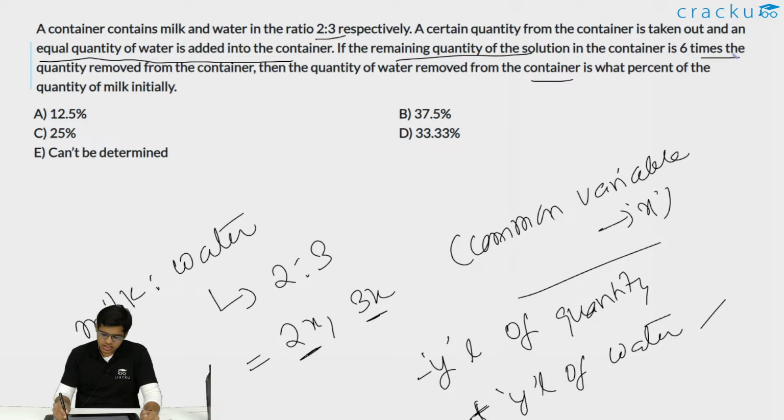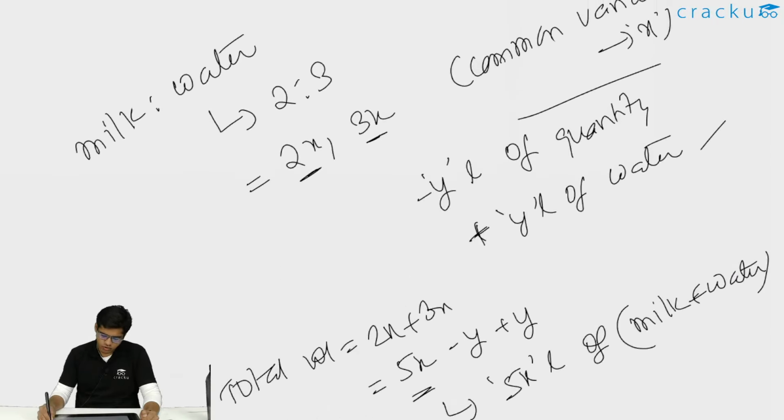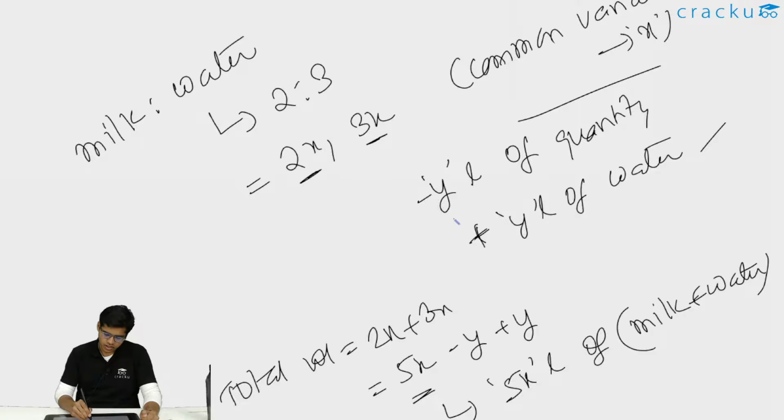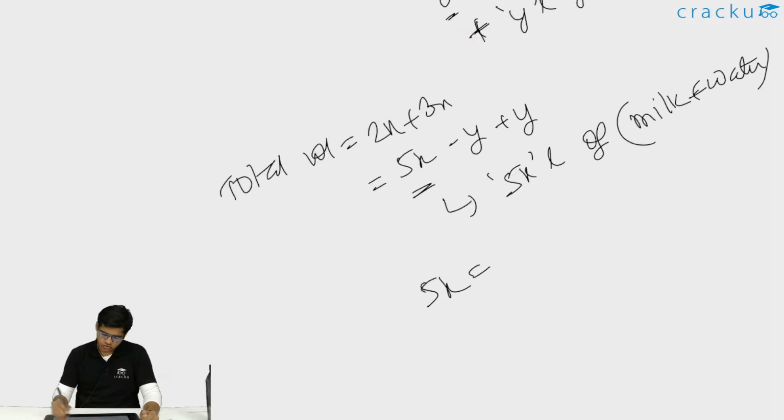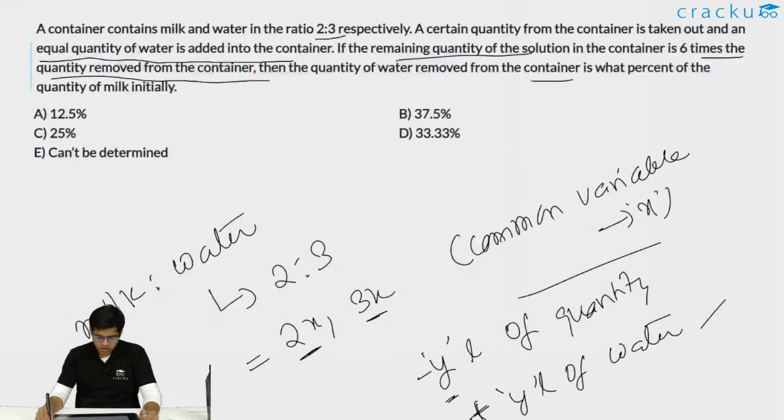This is given as 6 times the quantity removed from the container. So it is given 5x equals 6 times the quantity removed from the container. What is the quantity removed from the container? It is y liters. So 5x equals 6y, or y equals 5x by 6, right? So y equals 5x by 6. So now the quantity of water removed.